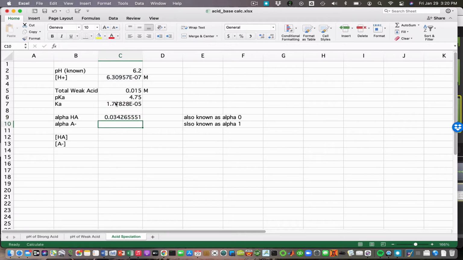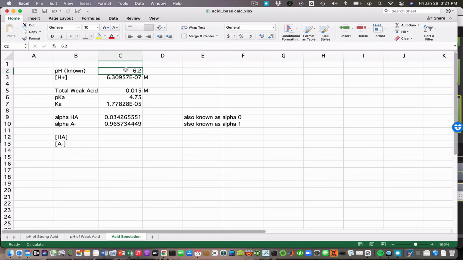And alpha A- is going to be equal to Ka divided by H+ plus Ka. Those two numbers should add up to 1 because they're the fraction of acid and the fraction of base, the only two components, so those two fractions have to add up to 1, and sure enough, that looks pretty good. Okay, so there we go.